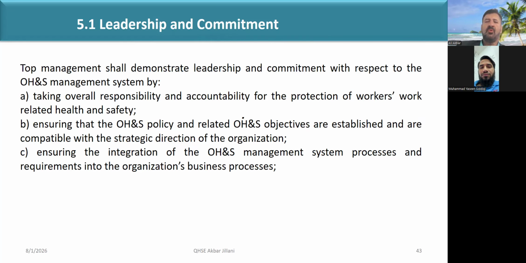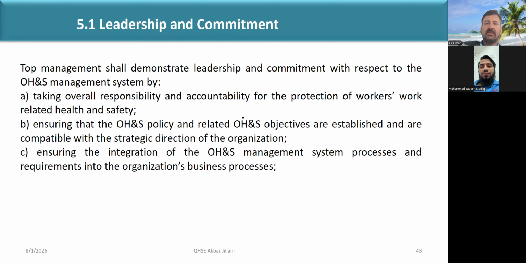Now you have your NEBOSH before. Like, see, you have management experience because you have work experience. Some people directly do the NEBOSH, and after this, they come for the ISO 45001. It's not a good approach.